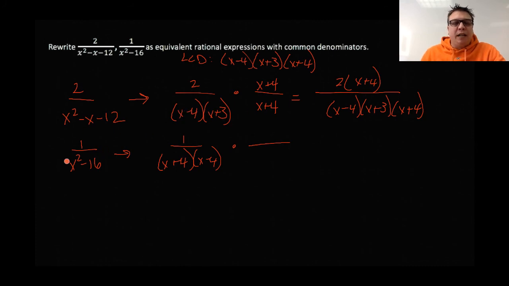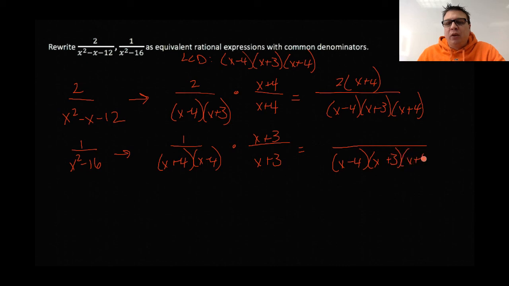What's the factor that's here that I don't already have up here? So now on this one, I'm going to have to introduce the x plus 3 for both numerator and denominator. Now, we want to make sure that our denominators are exactly written the same. So x minus 4, x plus 3, x plus 4. And we already had a 1 there, and we're introducing the x plus 3.